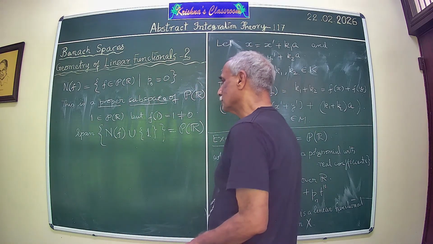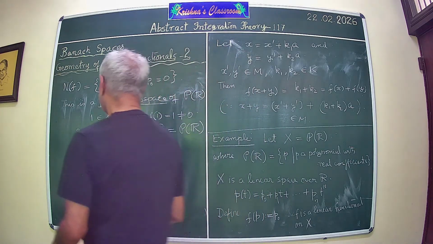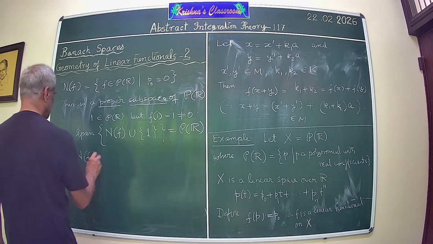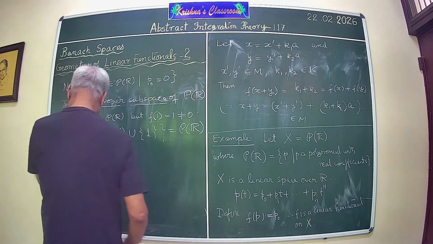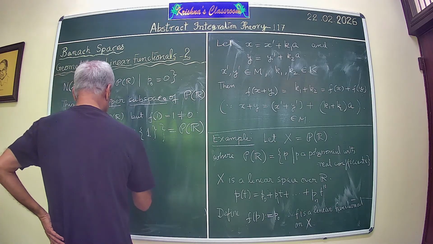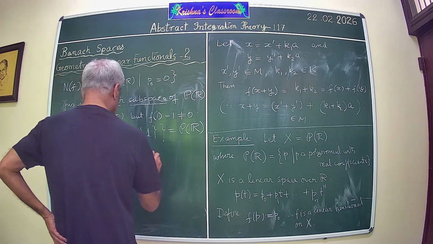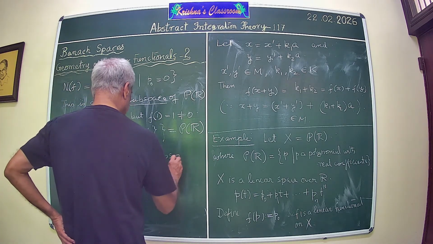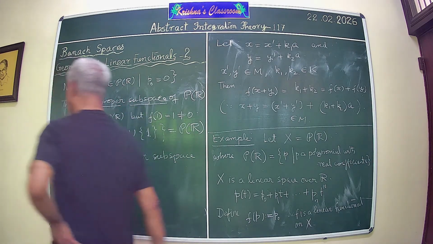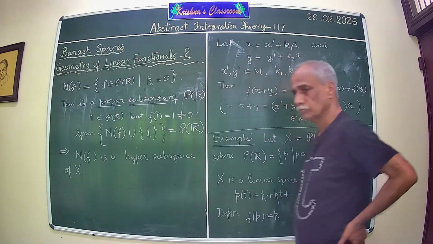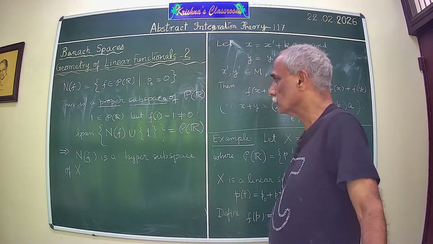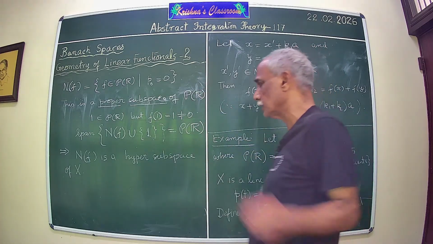Okay. Therefore, N(f) is a hyperspace, and you can just mimic the whole theory on this easily. So this is an example of an infinite dimensional space.